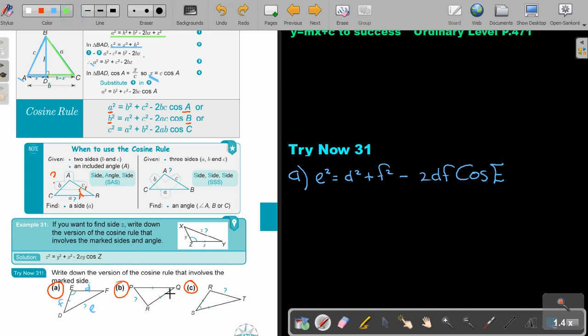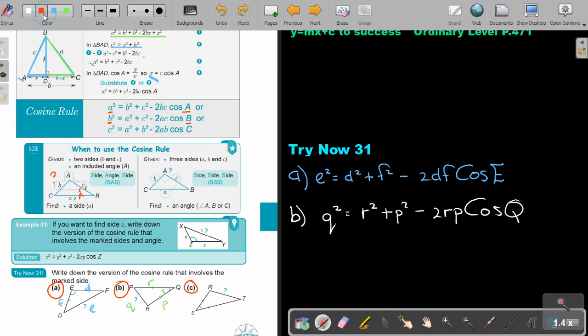Okay, if I look at this one now, remember that's small r, that's small q, that's small p. So in this case, it's going to be q squared, don't forget the 2 around it, will be r squared plus p squared minus 2, exactly that 2, rp, and the cos of q.